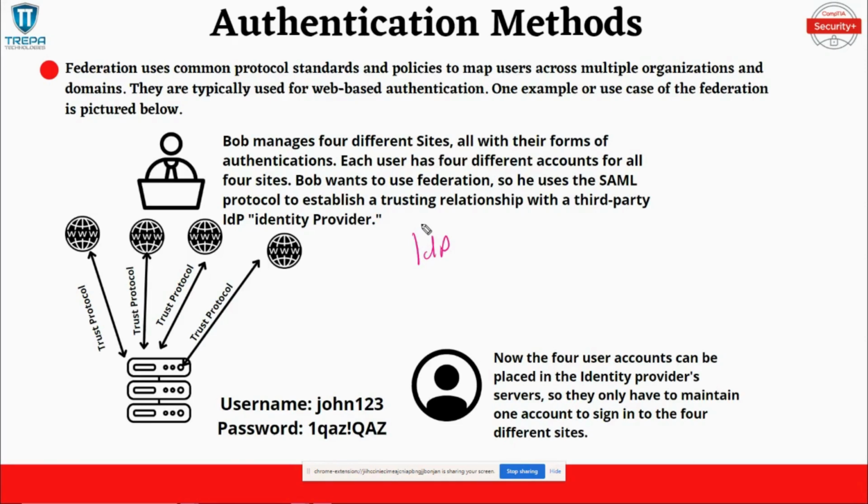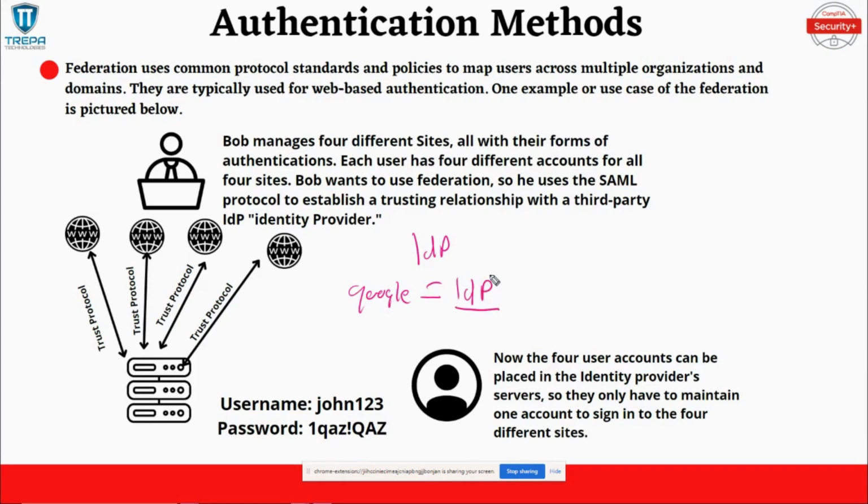For example, a website can create an API call to interact with Google's authentication servers. And in this case, Google would be the IDP, the identity provider.